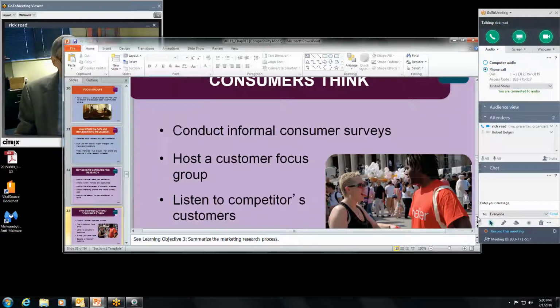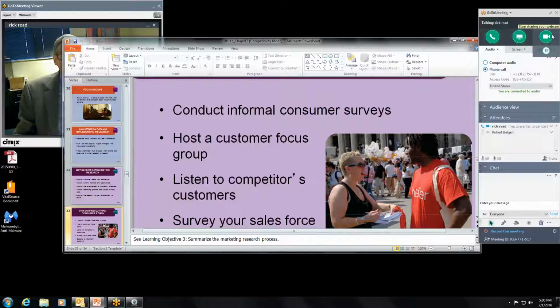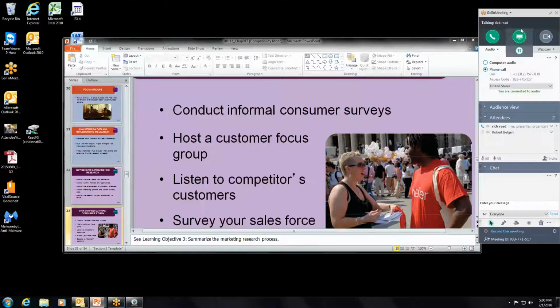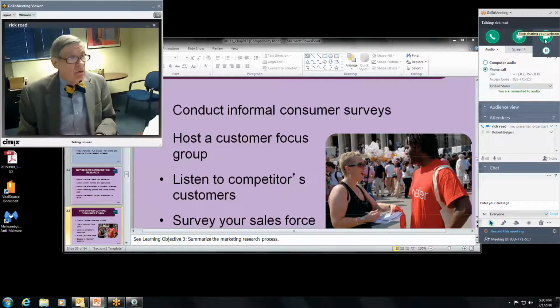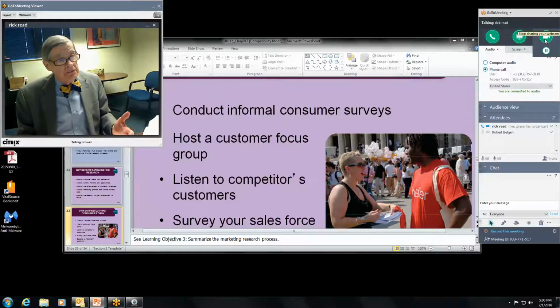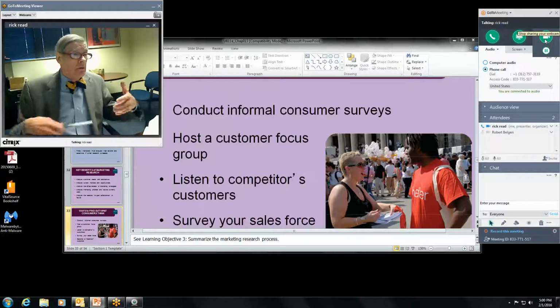Listen to what your competition's customers have to say. Ask your sales force what's going on. They're the people with their ears to the ground, or hopefully they have their ears to the ground, so they ought to be able to tell you. Those things are all important. And this information is going to be collected over a period of time and reevaluated.